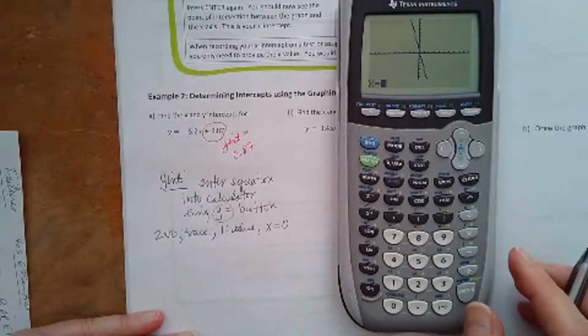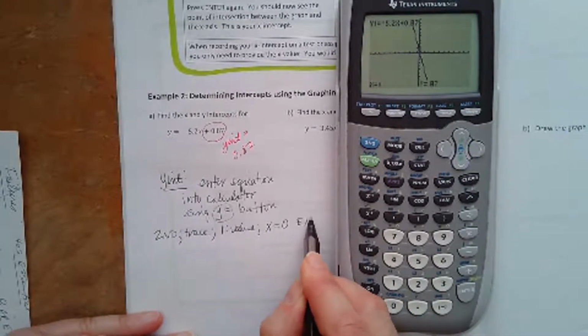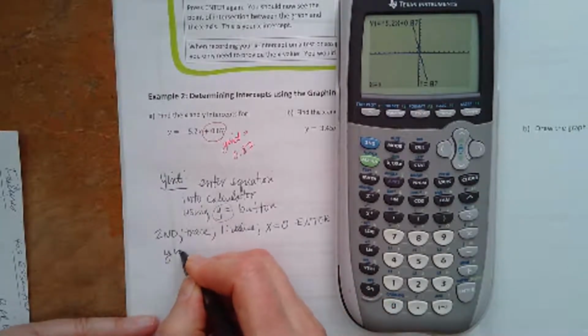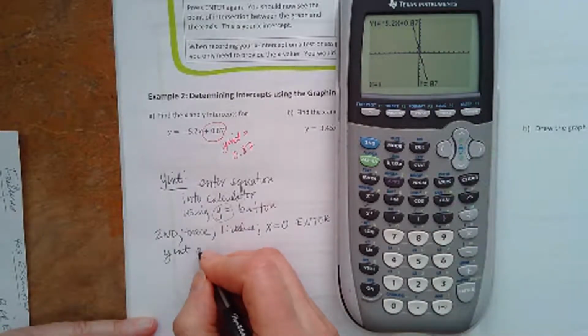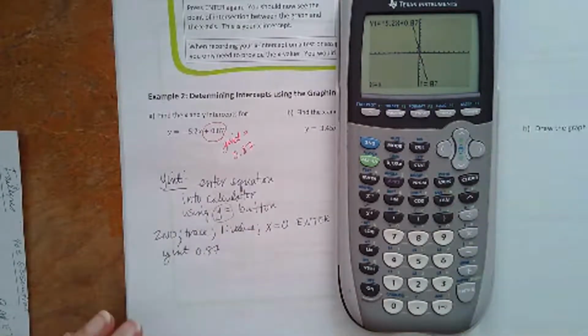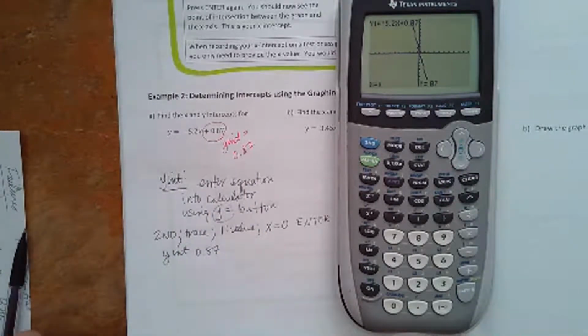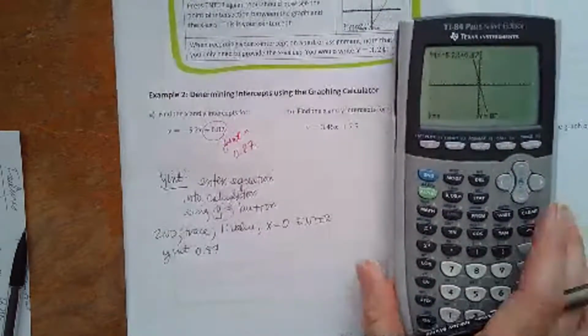And then I put a 0 in, I press enter. And then y-intercept will be 0.87. So if it's in proper form, you can just pull the y-intercept out of here. If I ever ask you to show your steps, this is what I'm looking for. Okay, so one part done.